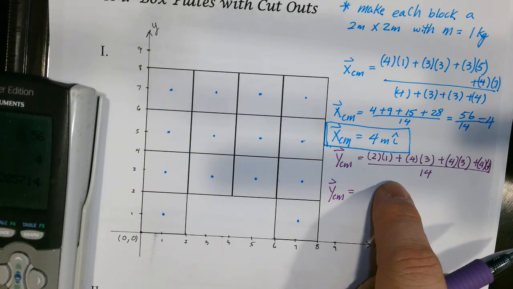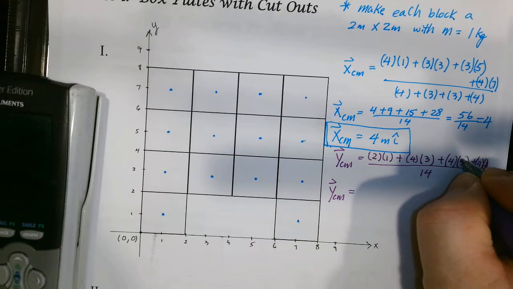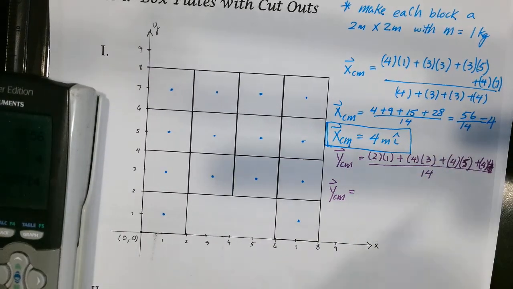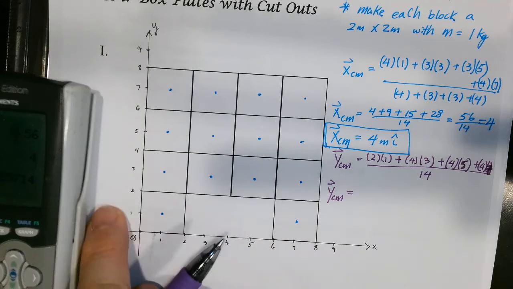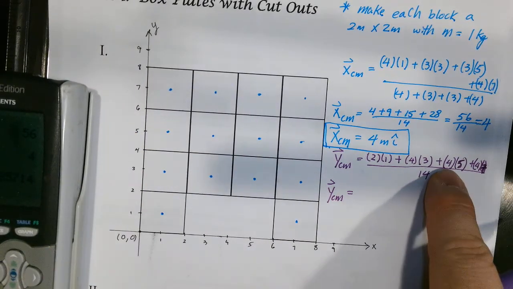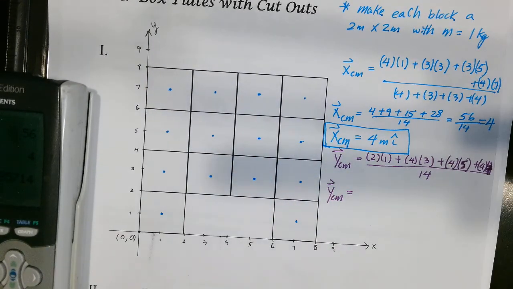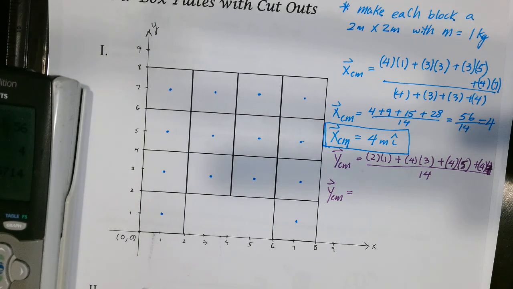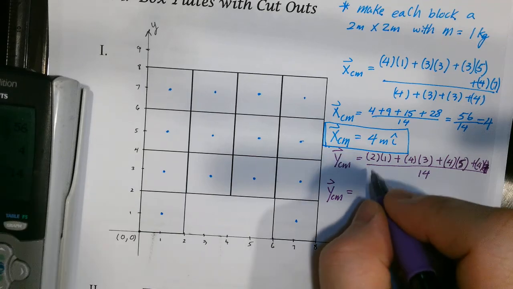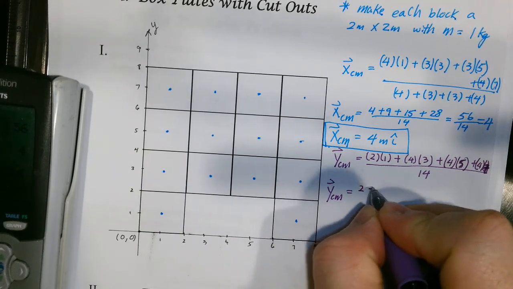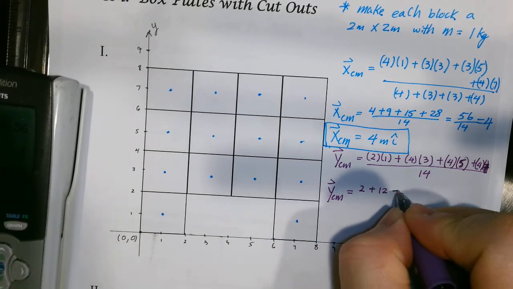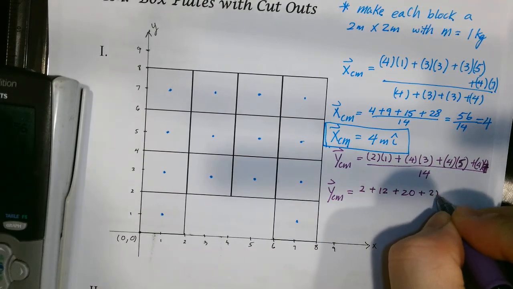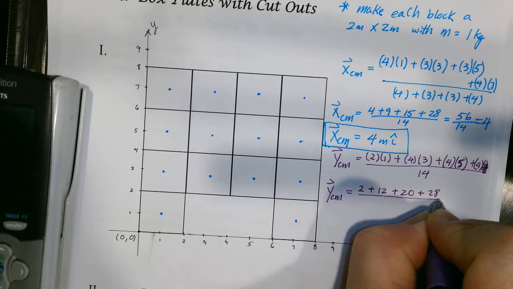Something's messed up. Oh, I'm sorry. This should be 5 and 7. I knew something was messed up. So 3, and then 5, and then 7. Sorry. So here we go. We get 2 plus 12 plus 20 plus 28, whole thing over 14.